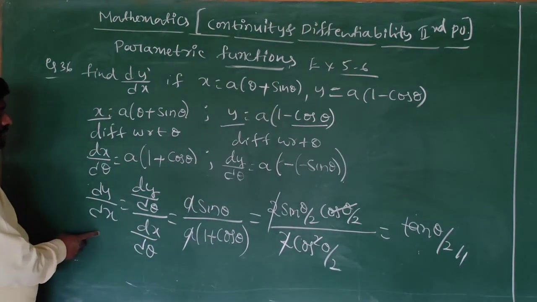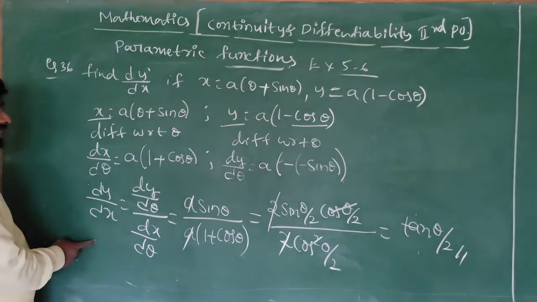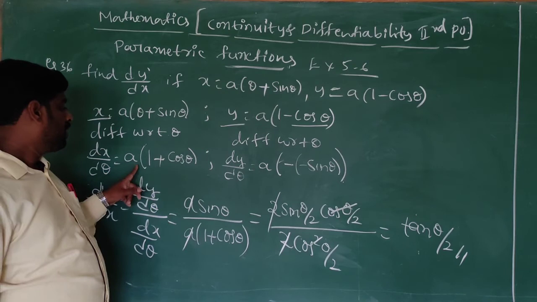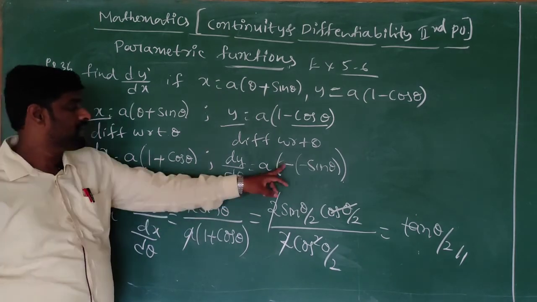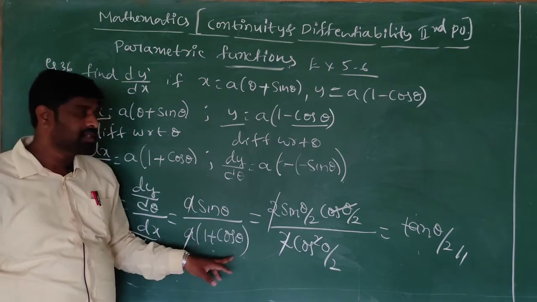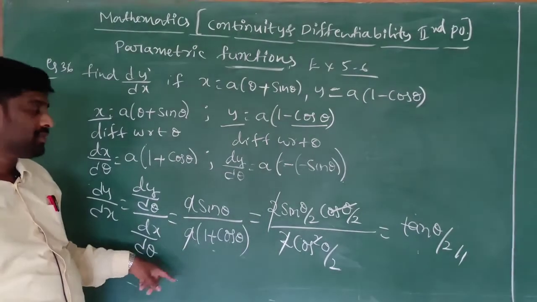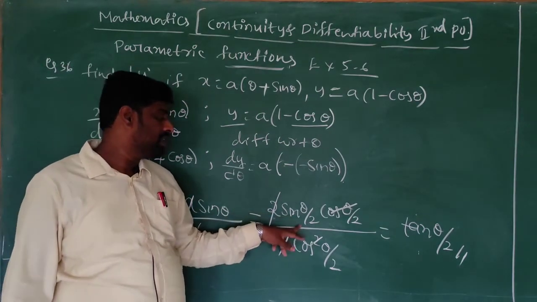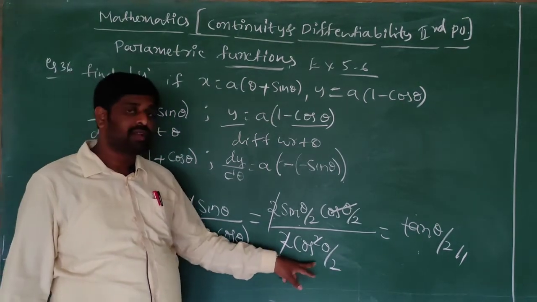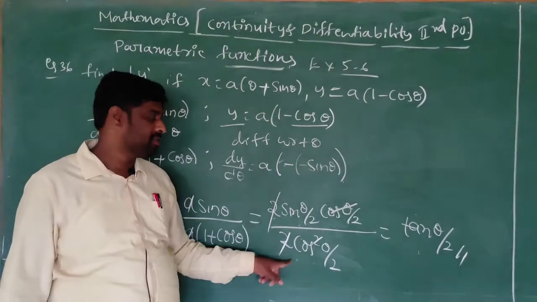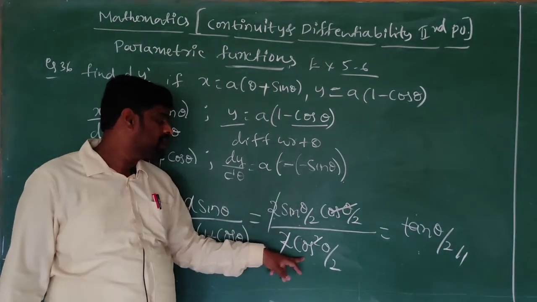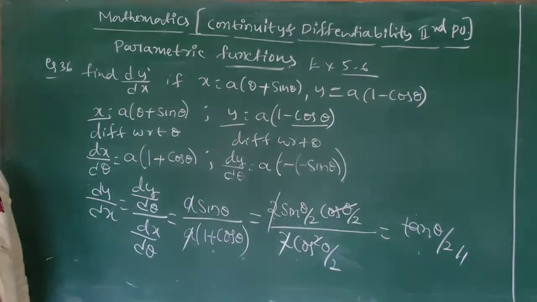So dy by dx is equal to dy by d theta divided by dx by d theta. So dy by d theta is minus into minus plus a sin theta divided by a of 1 plus cos theta. A cancel. Sin theta is 2 sin theta by 2 cos theta by 2. 1 plus cos theta is 2 cos square theta by 2. 2 cancel. Cos cancel. Remaining is sin by cos. Sin by cos is tan theta by 2.